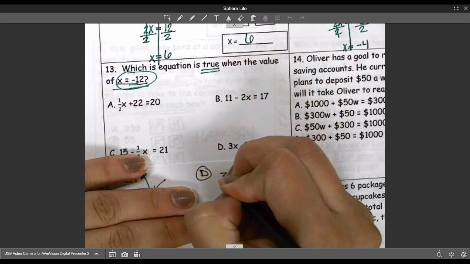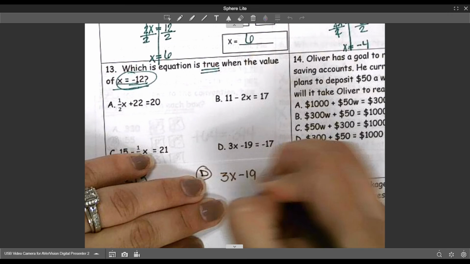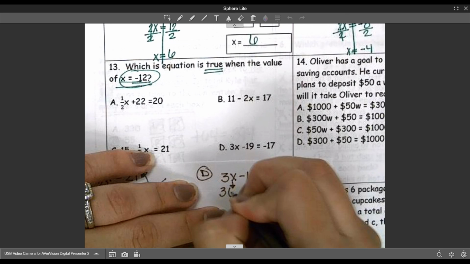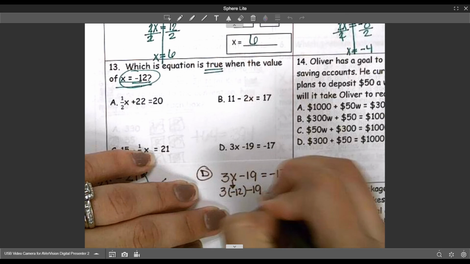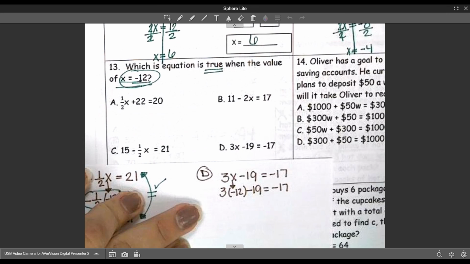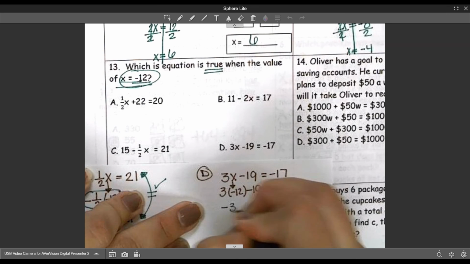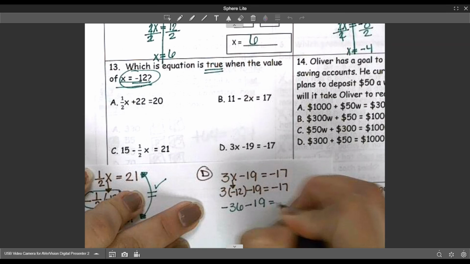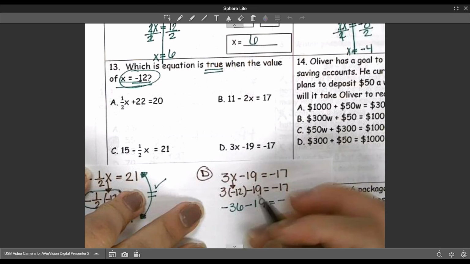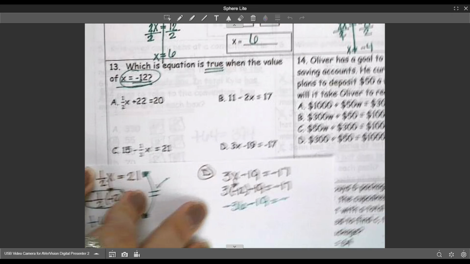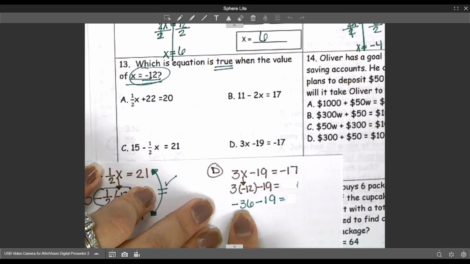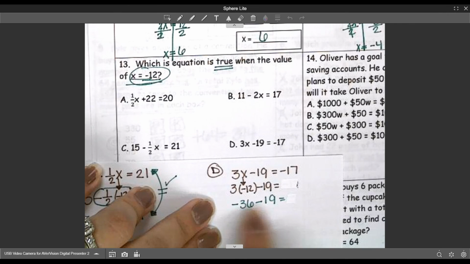Just to make sure. What's 3 times negative 12? Negative 36 minus 19 equals. No, it's negative. Again, I'm not supposed to have this here. Sorry, guys. 3 times negative 12 is negative 36 minus 19. What is negative 36 minus 19?